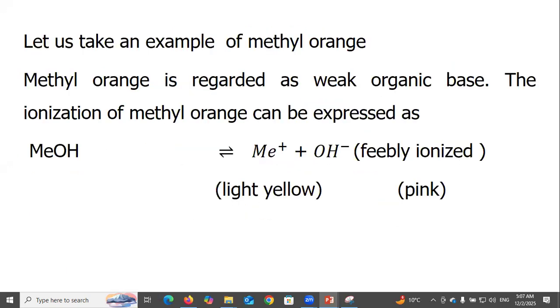Let us take an example of methyl orange. Methyl orange is regarded as a weak organic base. The ionization of methyl orange can be expressed as methyl orange hydroxide dissociating, light yellow, into the ionized pink form.